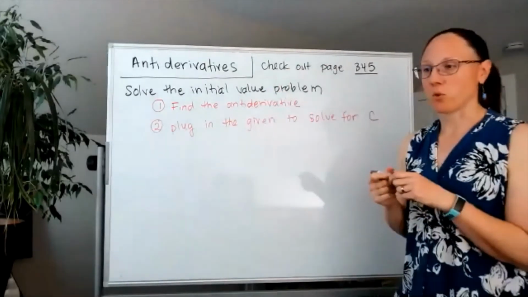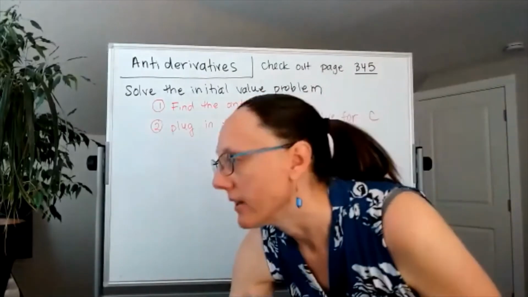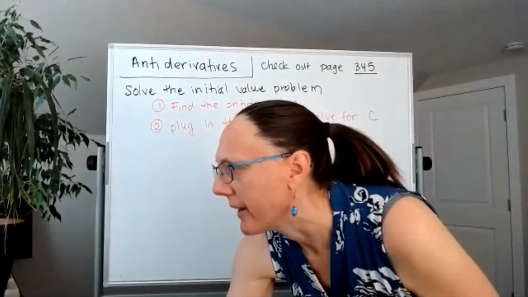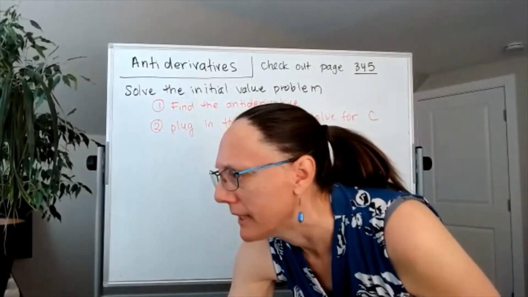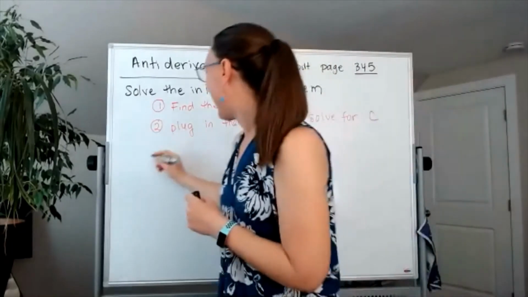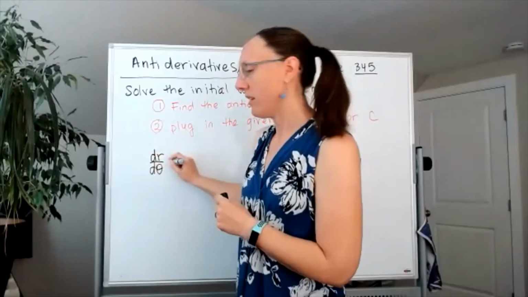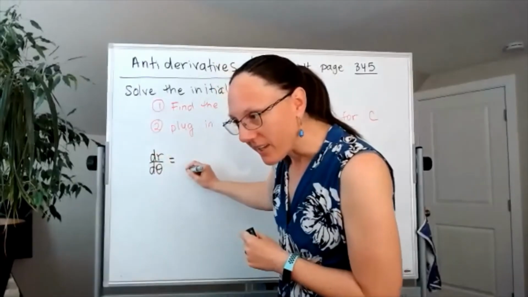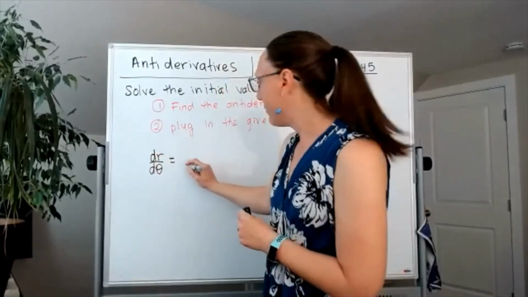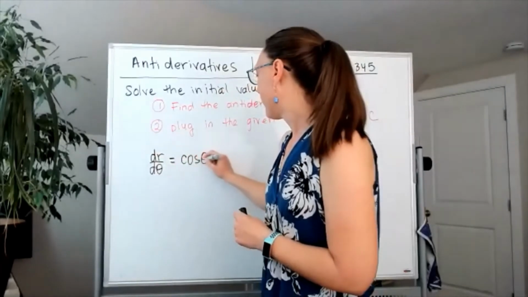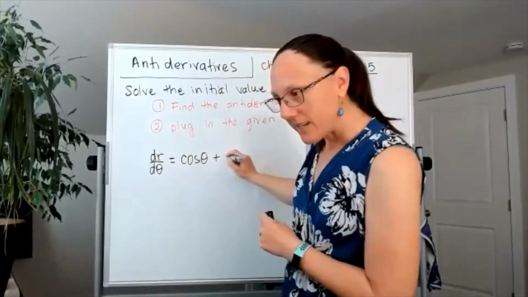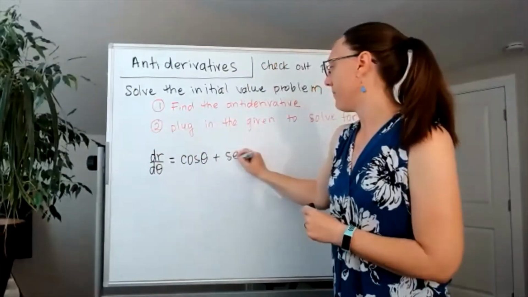When I look at problem 25, and it's super tiny on my screen, so I gotta zoom in and stuff. Problem 25, I am looking at dr d theta is equal to cosine theta plus secant theta tangent theta.